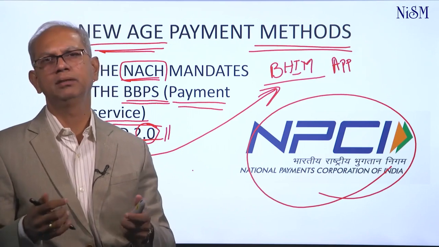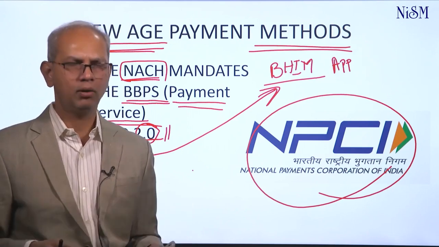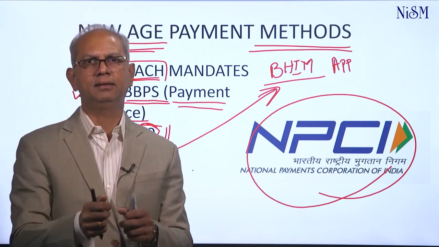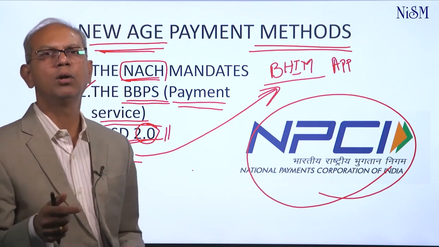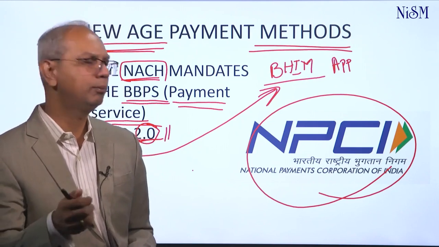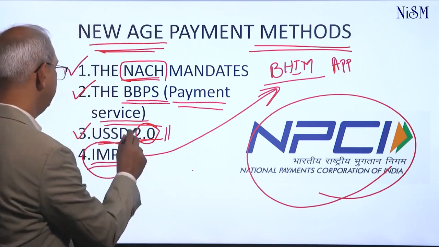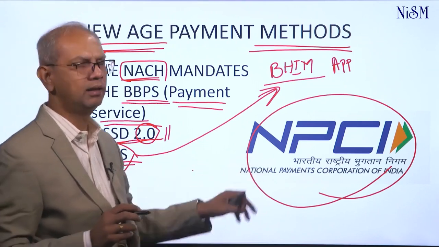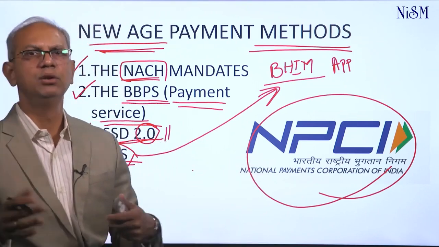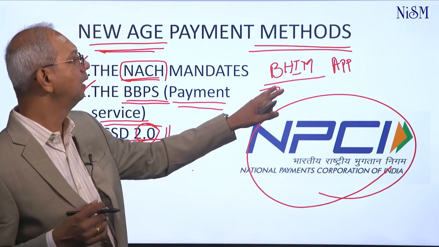You're going to the shopping mall and you buy all those goods, and you just scan that QR code and instantly settle your payments. That is IMPS, the Immediate Payment Service, again done by the NPCI, and that has revolutionized the way, and it has given rise to this.